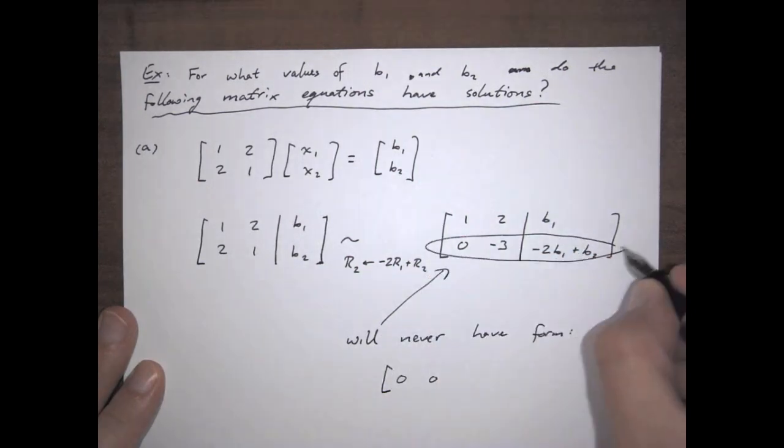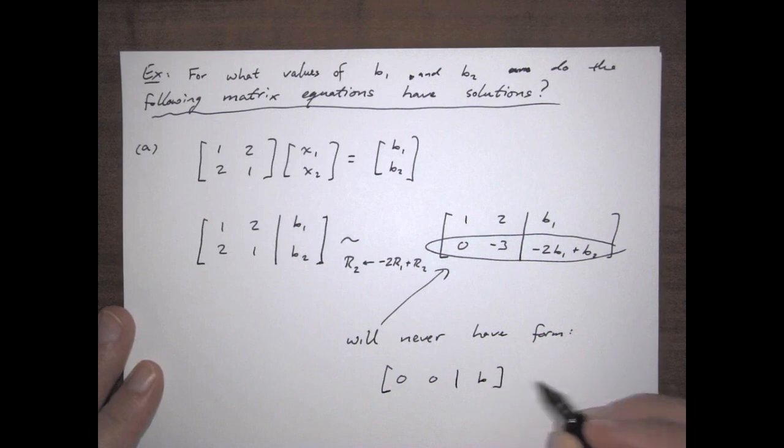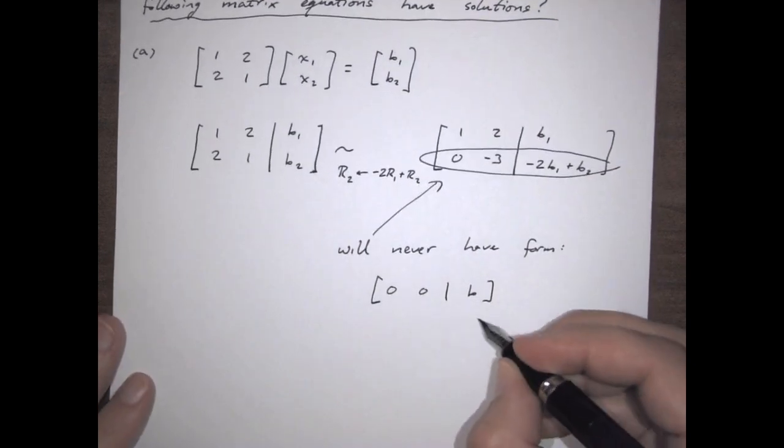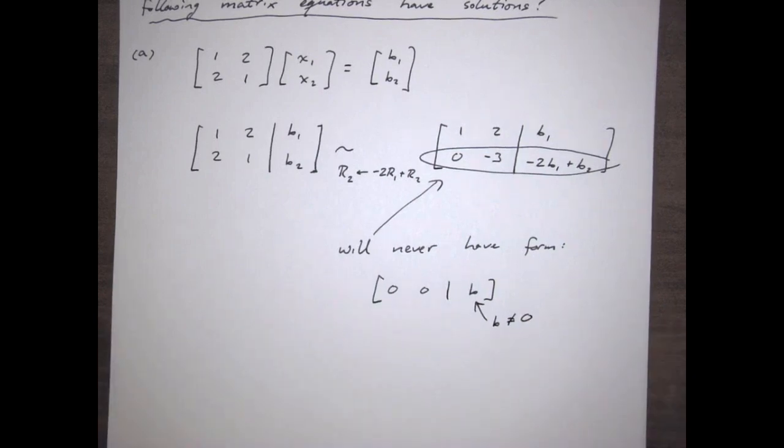So here we're talking about this row: 0, 0, and then the augmentation, and then a b, where the b is not equal to 0, which means that all choices of b1 and b2 here are fair game.